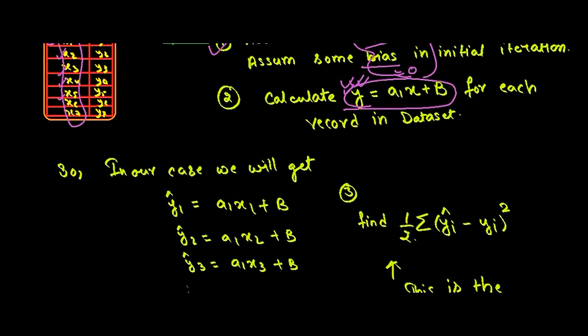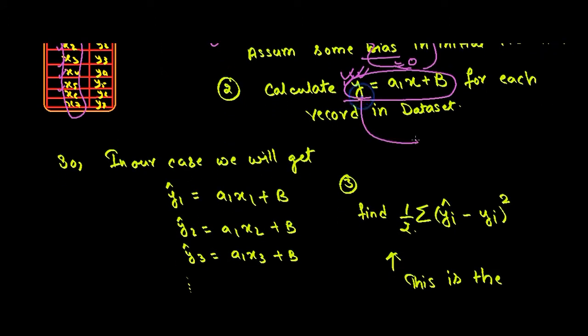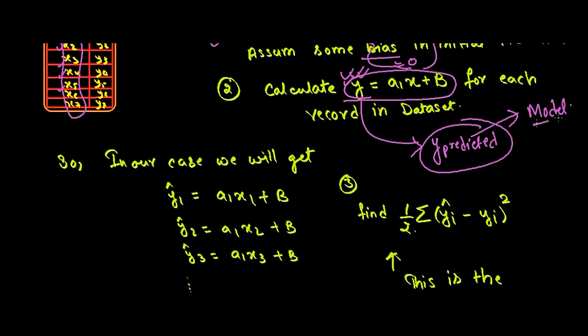And after finding the value of y, we'll say that this value of y is y predicted. Okay, and this value is calculated by our model, or the best fit that we assumed, that is y is equals to a1 x plus b, right? And we gave some initial value to a1 and b.